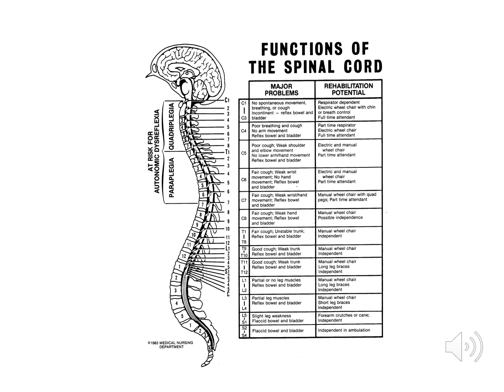Now, if the injury was in the thoracic region, the patient should have full use of their arms, and they would have varying degrees of trunk control. The lower down in the thoracic region the injury was, the more trunk control they would have. And the trunk control was important more from the standpoint of whether they would be able to sit in their wheelchair without being strapped into it.